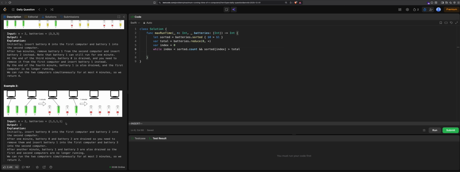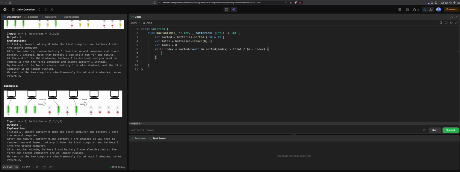Here that is a 4, here that is a 3. So we want to check the total against each index. How can we get it? We get it from the index and the given number of PCs. Let's say we are at index 0 and we are given 2 PCs. That means we need to divide the total by the remaining number of PCs, which is 2.